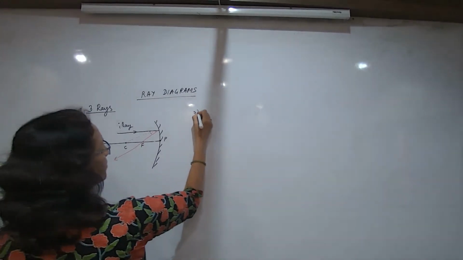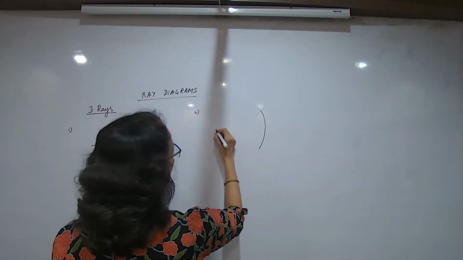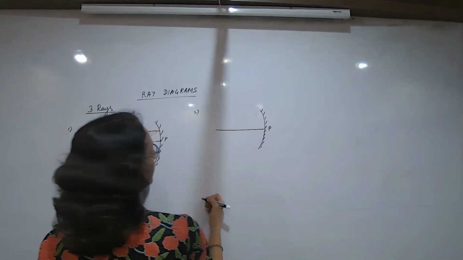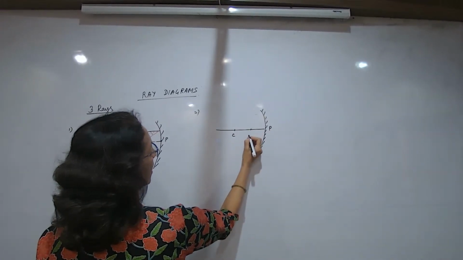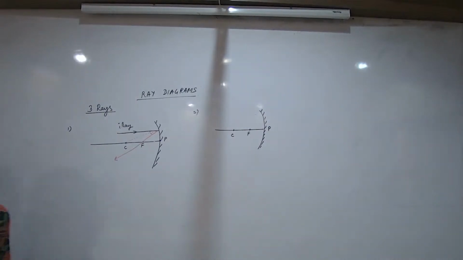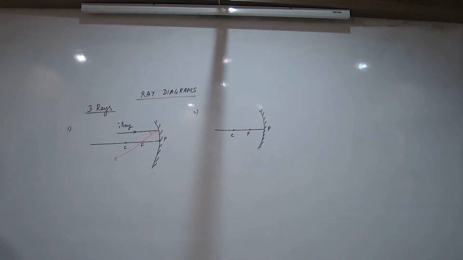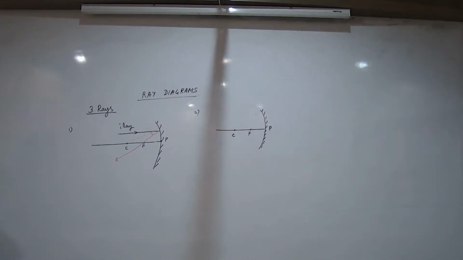Let's look at the next one. Once again, your mirror. I'm putting P, C, and that's your F. Look at the second diagram in your textbook. Okay, point number 2. Do you see that?